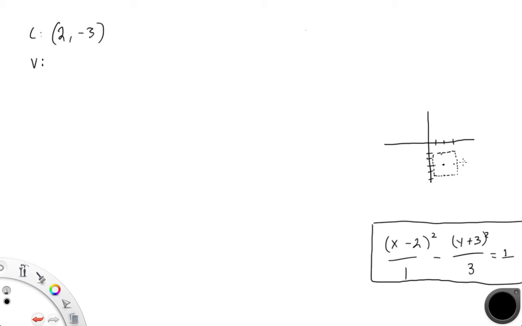Okay, so that tells us where to draw our box, right? So our vertices are going to be right here and right here, which in the x direction we only went left and right 1. So the vertices are going to be 1, -3, and 2 plus 1 is 3, -3.